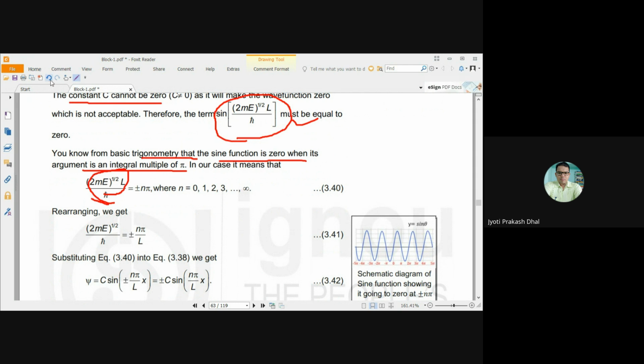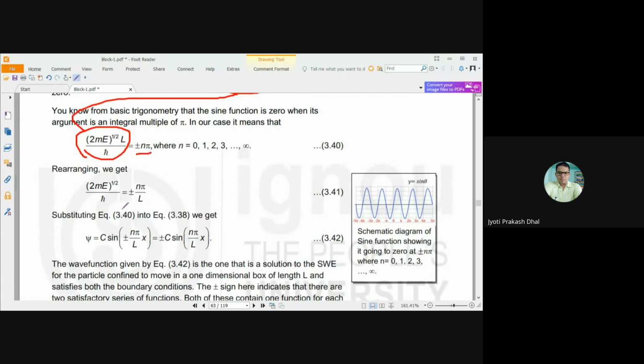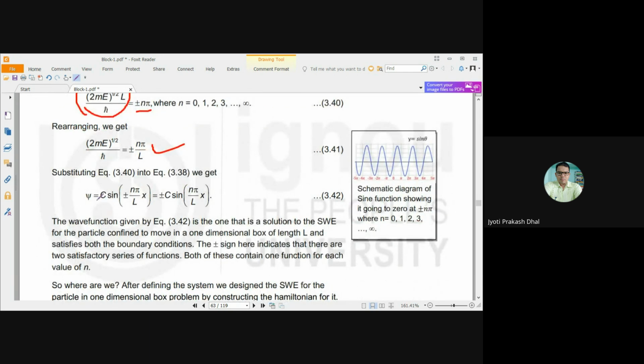So square root of 2mE L by h cross should be equal to plus minus n pi. Rearranging the equation, we can write square root of 2mE by h cross equals plus minus n pi by L. And hence, substituting these values, we can write the wave equation.